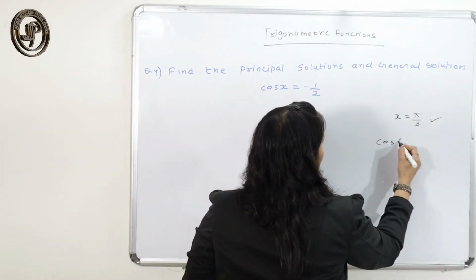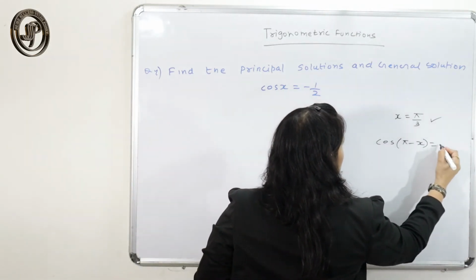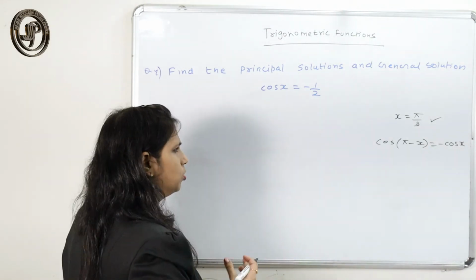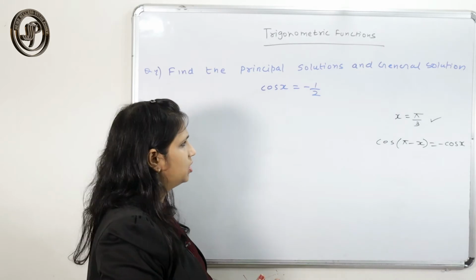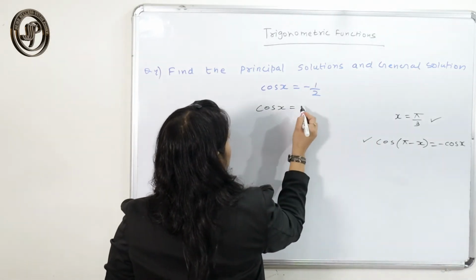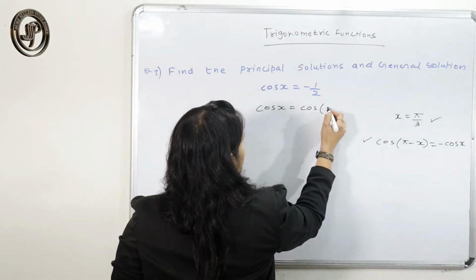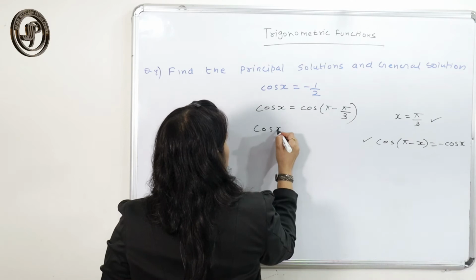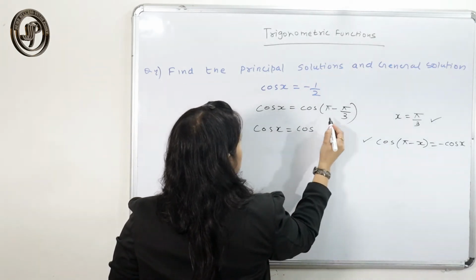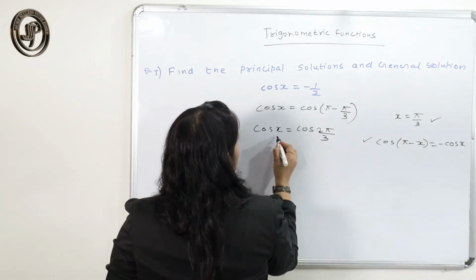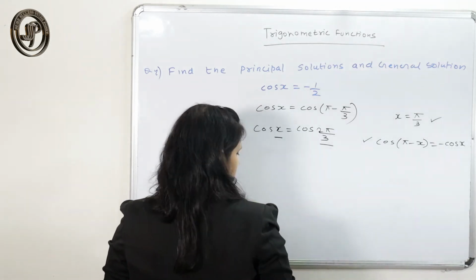So we know that cos of pi minus x is minus cos x. You need not go for pi plus x, because cos of pi plus x is also minus cos x, but we use this to make the cos value negative. Now cos x is equal to cos 2 pi by 3. So now this becomes theta, this becomes alpha.